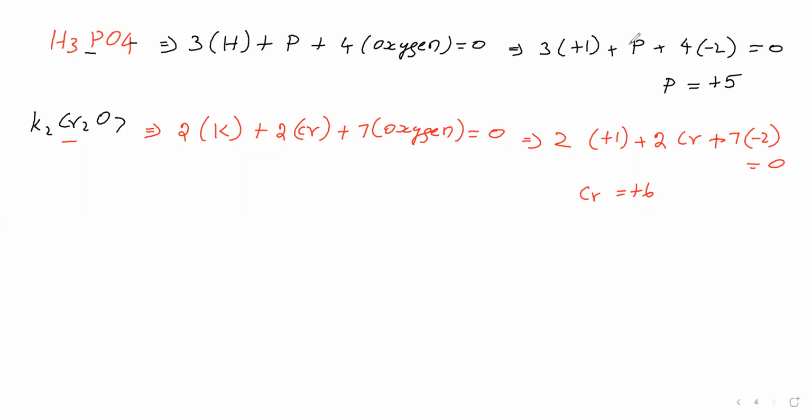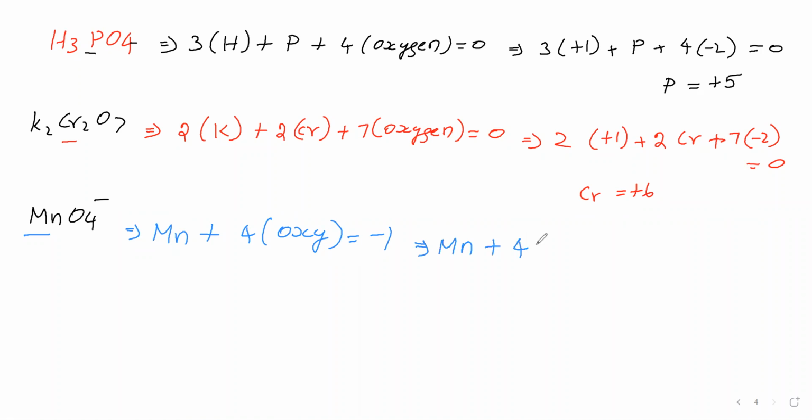Next, given is permanganate, MnO4-. Which oxidation number do we have to find? Manganese. Manganese is present 1 time, oxygen 4 times. Total charge is -1. Net charge is -1 for this. Now, manganese we have to find.